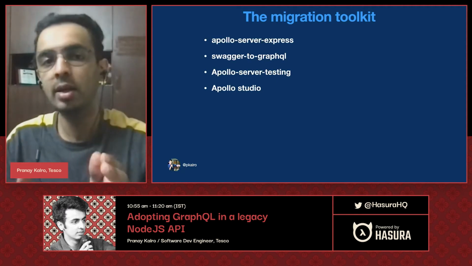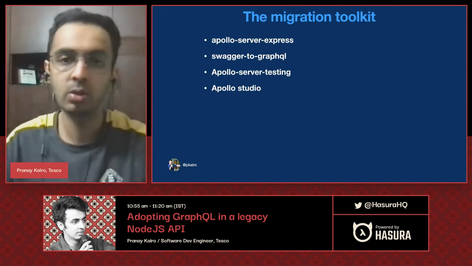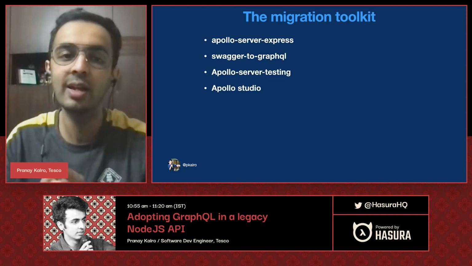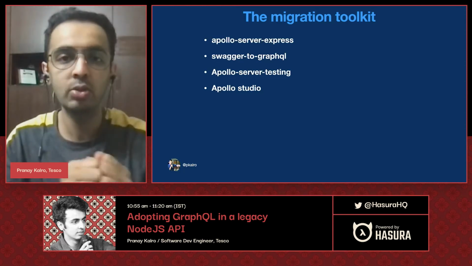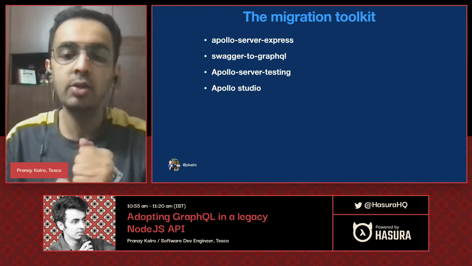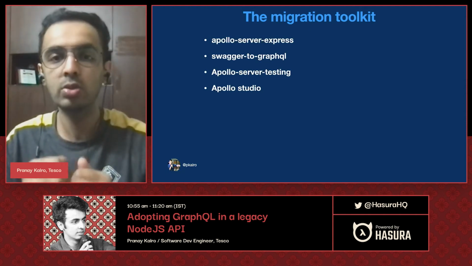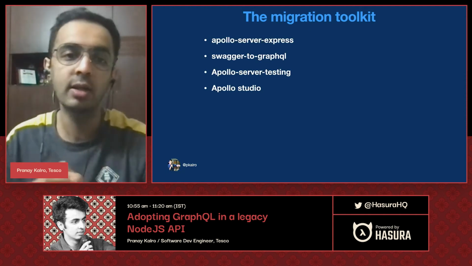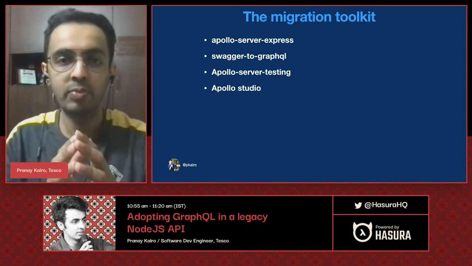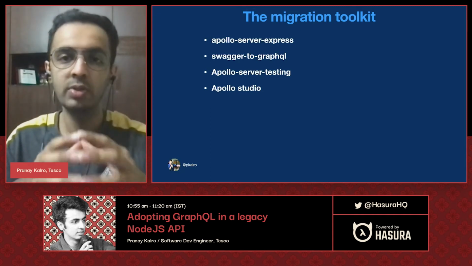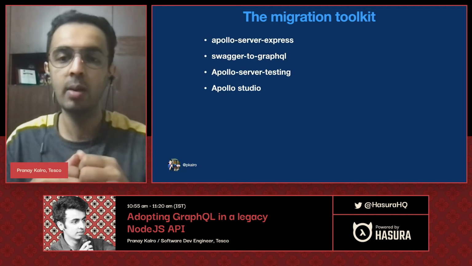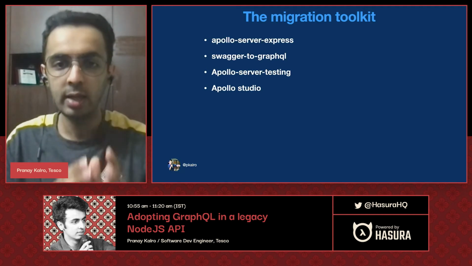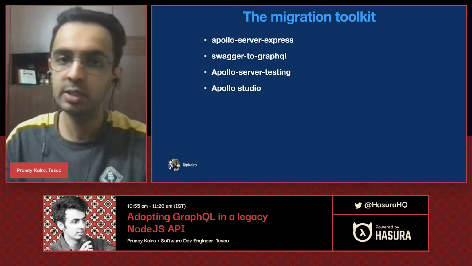When I say migrating, I say that with caution. It's not basically rewriting, it's basically making best use of what we already had, and then using additional tools so that we can adopt GraphQL in an iterative manner. So these are, I mentioned four here, which were the most important part of our toolkit and which helped us in our journey to the migration.